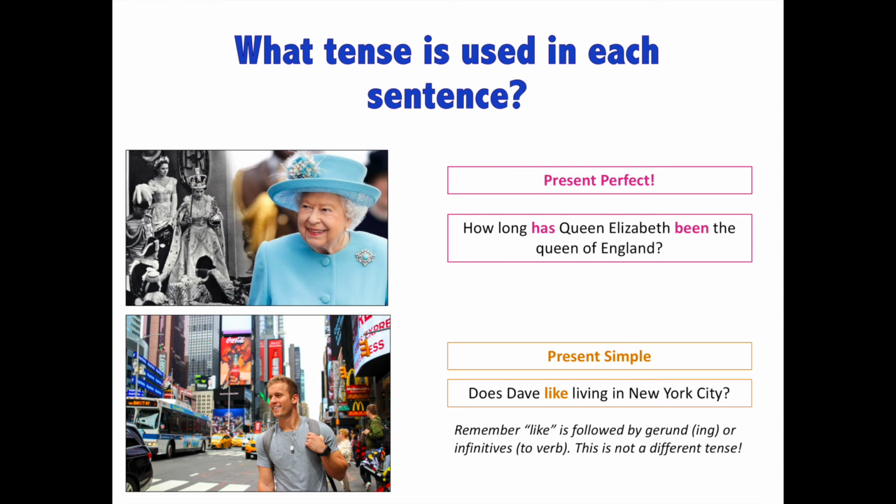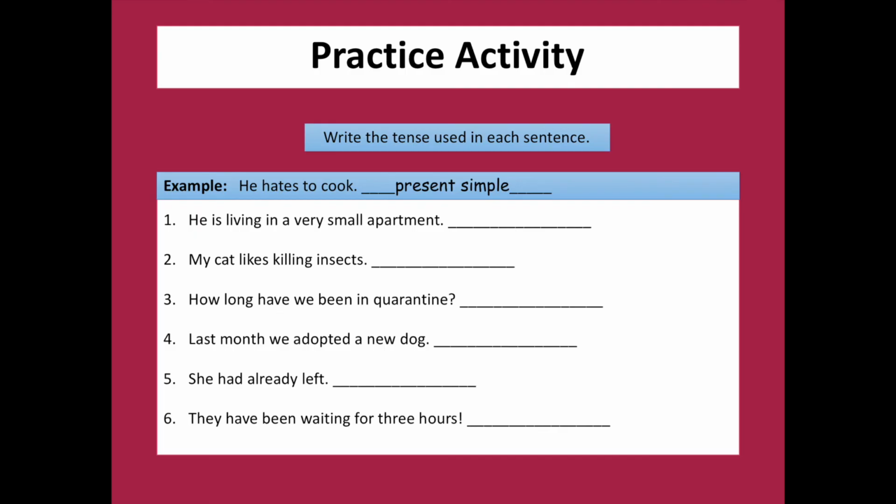So you could say, does Dave like living in New York City, or does Dave like to live in New York City? Those both work. Here, though, our main verb is just like, and that is present simple. So don't be confused by this other word here, living. That is not part of our main verb.